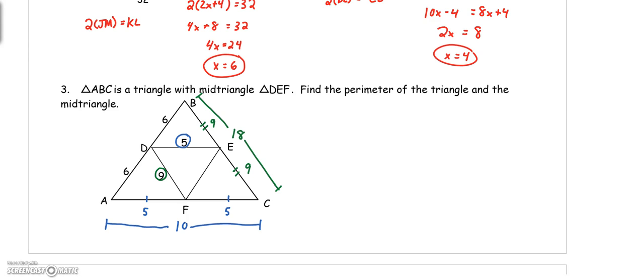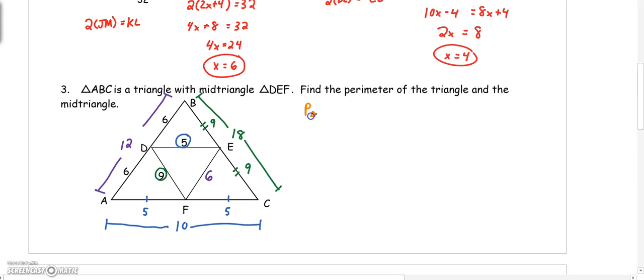Working backwards in the other one, they're giving us that each piece of AB is 6. So 6 plus 6 is 12 for the length of my base. Half of 12 gets me my other midsegment then, which is 6. So we need to find the perimeter. Perimeter is when we add our sides together.